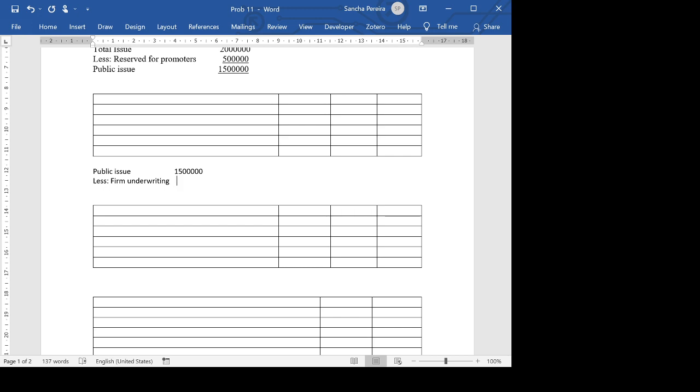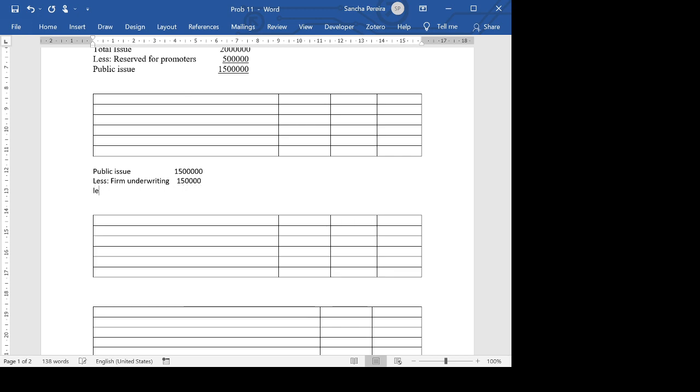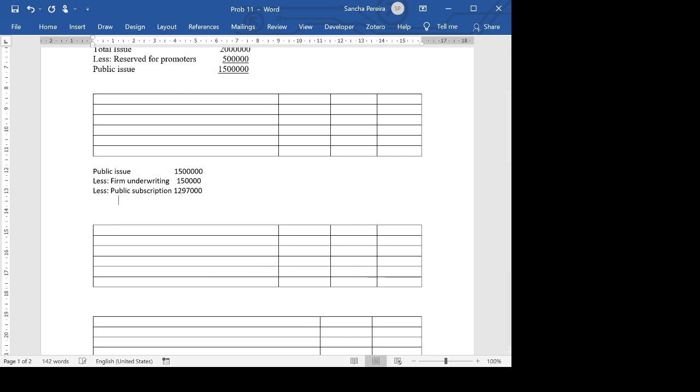Firm underwriting is 50,000 each, so it's going to be 1,50,000, and less public subscription. How much have the public subscribed to? That is 12,97,000. So basically, the part that nobody has taken up is what remains of the 15 lakhs.